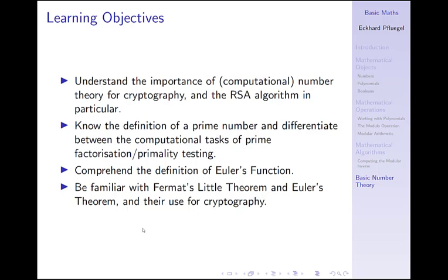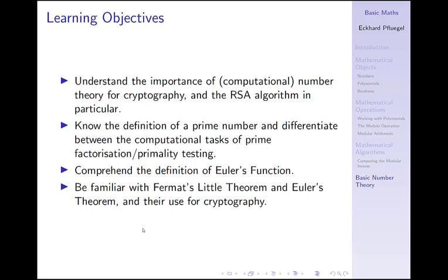So let's start with the learning objectives. First of all, to understand the importance of number theory and computational number theory in particular for cryptography and for the RSA algorithm in particular. Then to understand the definition of what a prime number is, and to appreciate the difference in terms of computational effort and efficiency of prime factorization and primality testing.